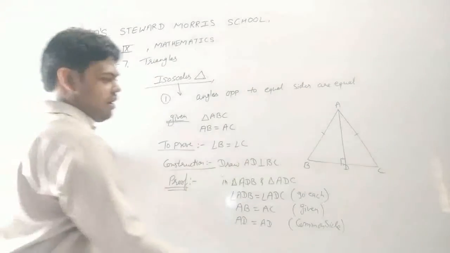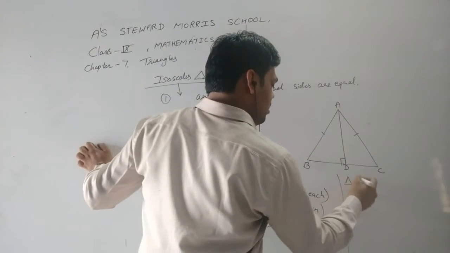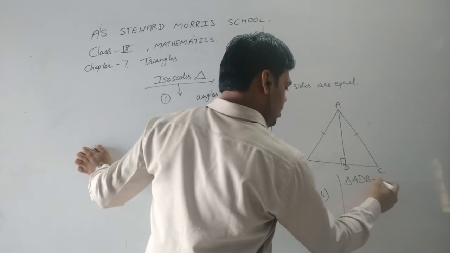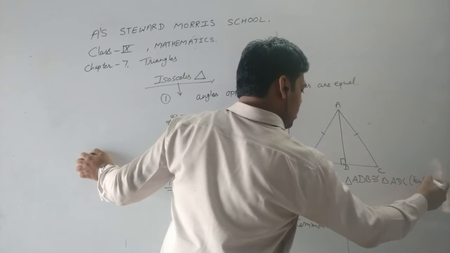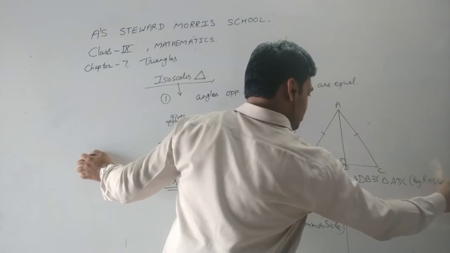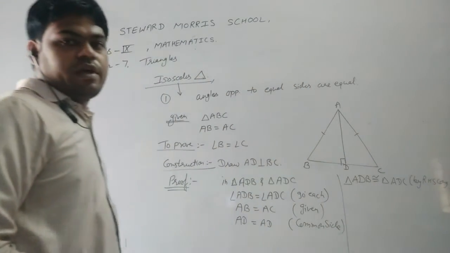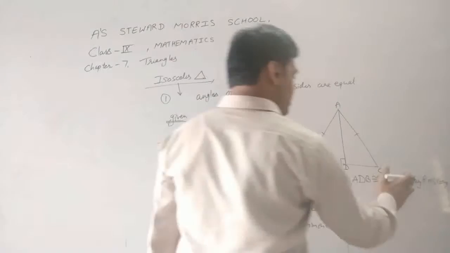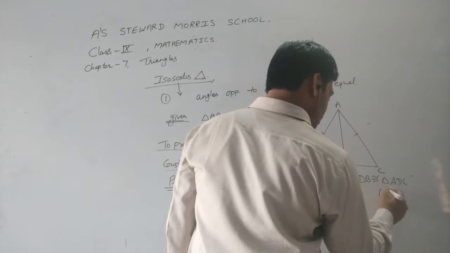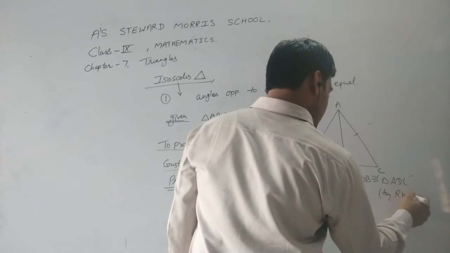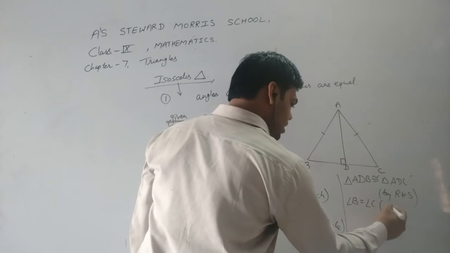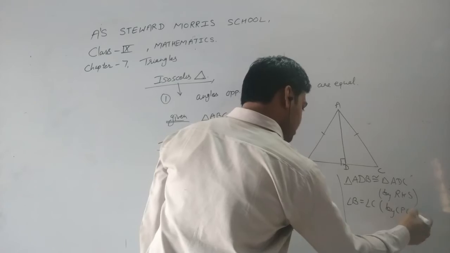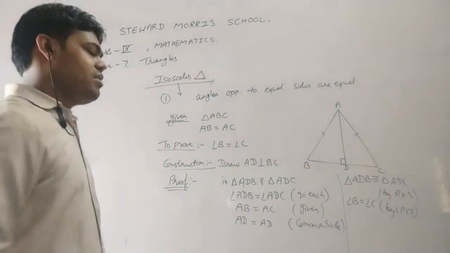So now we can write triangle ADB is congruent to triangle ADC by RHS congruency rule. The remaining parts will be equal by CPCT. So angle B is equal to angle C by CPCT. Hence we have proved this part.